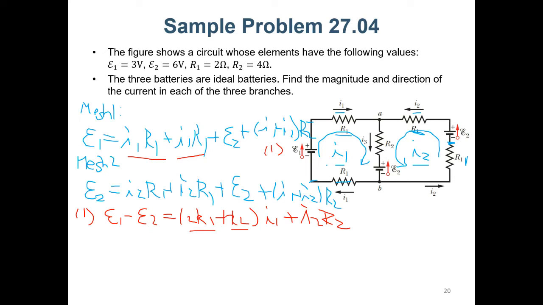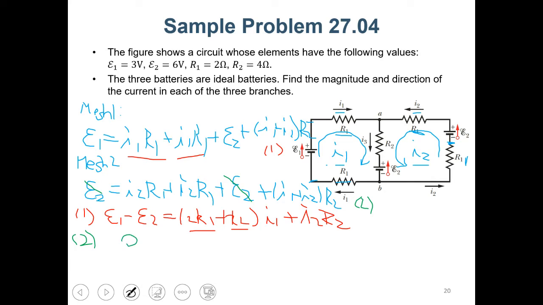And for equation 2, for mesh 2, we have these two cancelled.